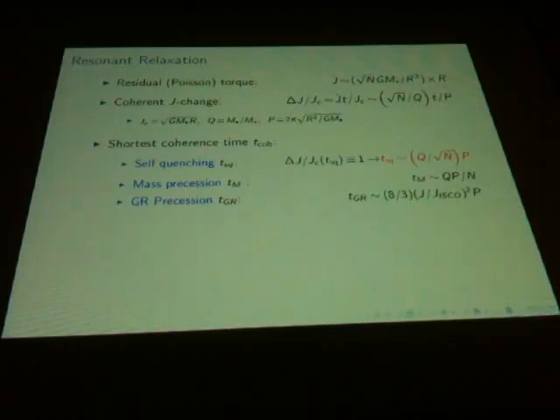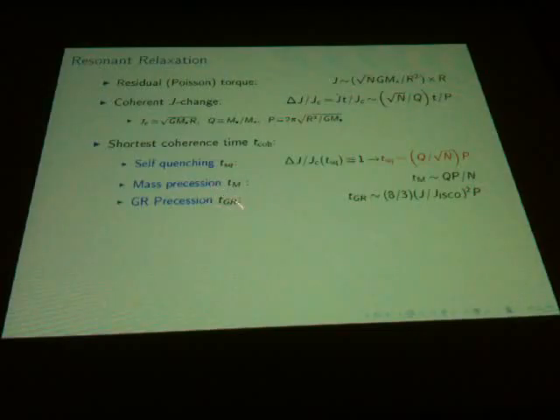For example, we have to include the mass of the stars in this story because it causes a small shift in the angle of periapse. And therefore, if you include that, you find that the actual maximum coherence time is given by this formula.